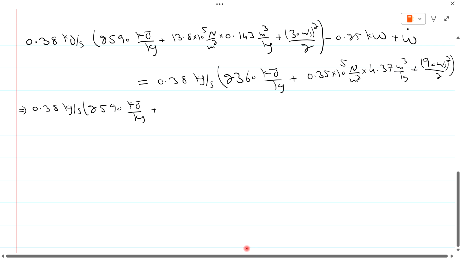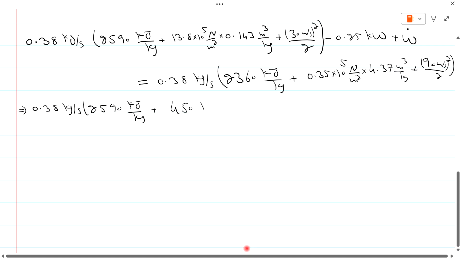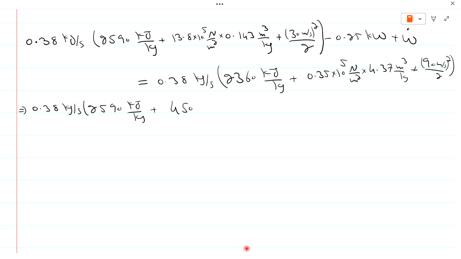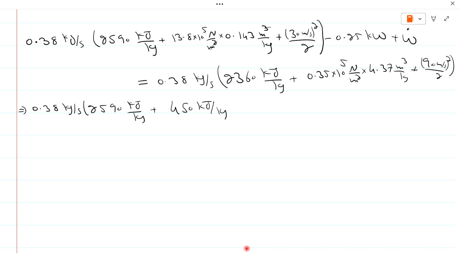This value will be equal to 450 joule per kg, because Newton meter is equal to joule per kg, and if I write this in kilojoule, divide this by 1000, which means 0.45 kilojoule per kg.